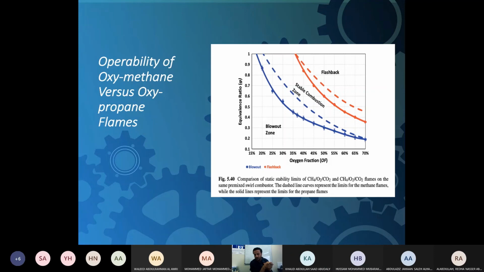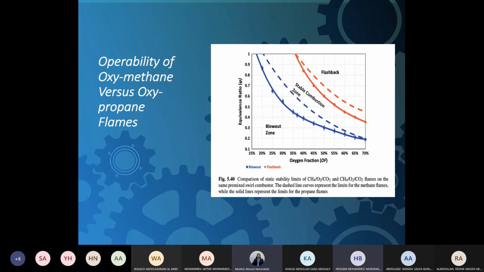So if you have something like this in practice in your work after graduation, inshallah, you have to keep in mind that changing the fuel will change the operability of the gas turbine. I have to make sure that the gas turbine is still operating under the safe limit between blowout and flashback. Okay, so please go ahead, Walid.